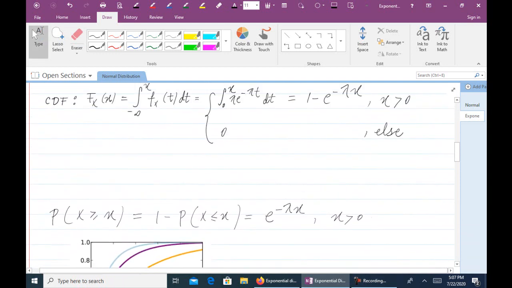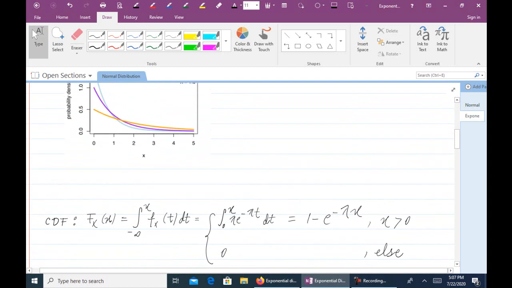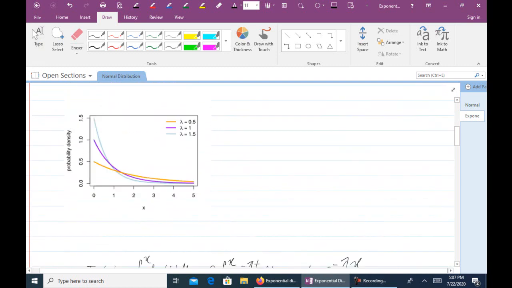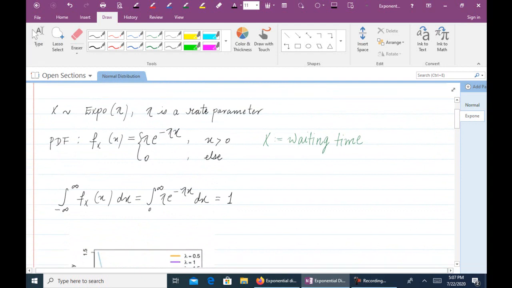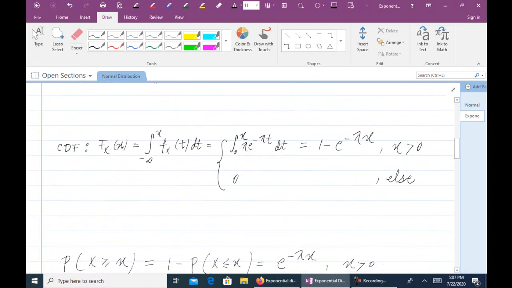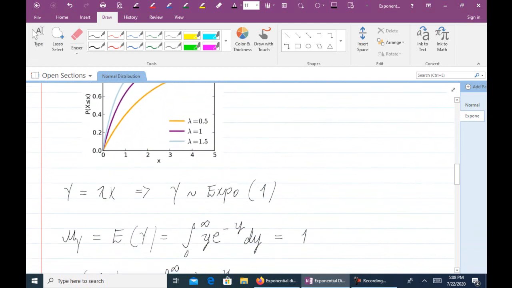Now we want to look at the expectation, or the mean, and the variance of a variable that has exponential distribution with the parameter lambda.